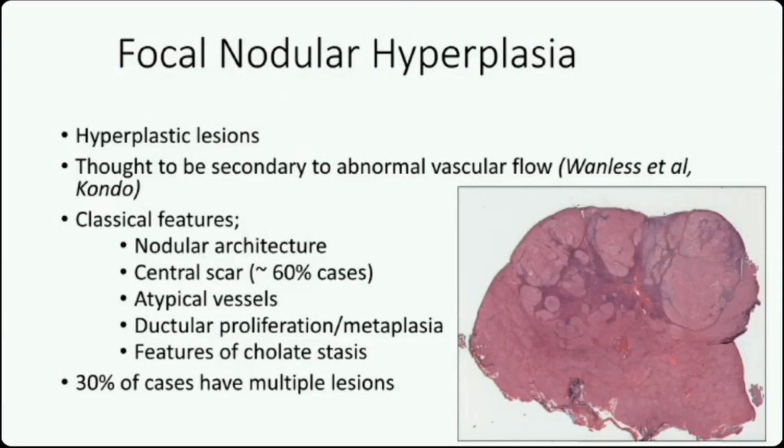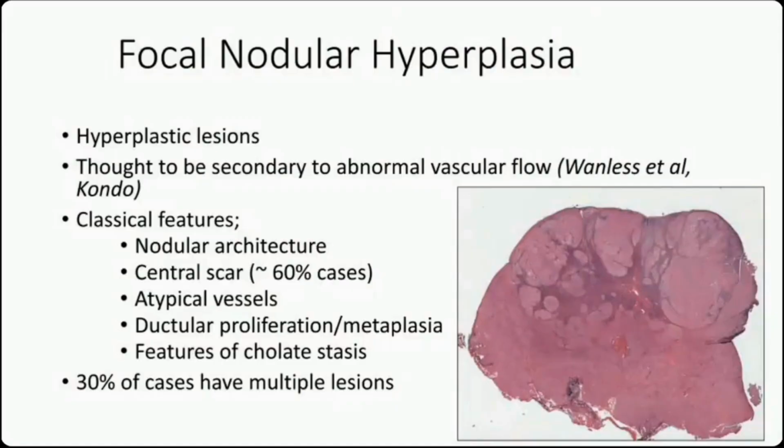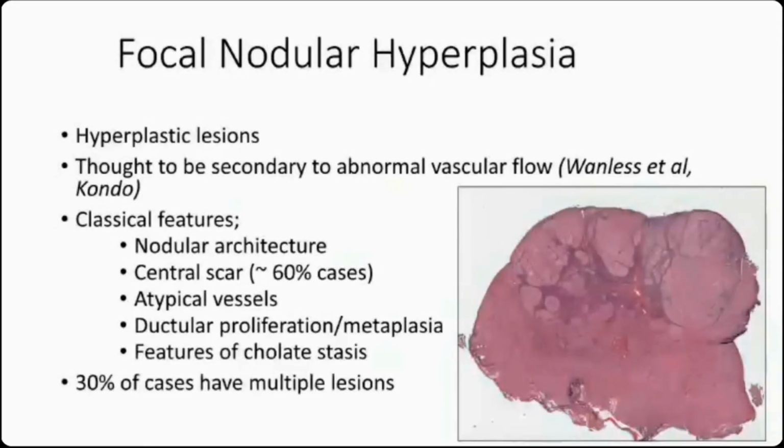So focal nodular hyperplasia, these are thought to be reactive lesions in response to abnormal blood flow. And you end up with these lobulated lesions with a central scar and the atypical vessels that I showed you earlier with eccentrically placed lumen. There's often a ductular proliferation.